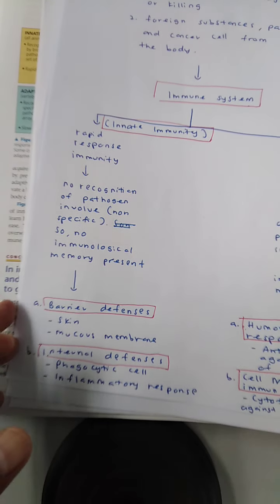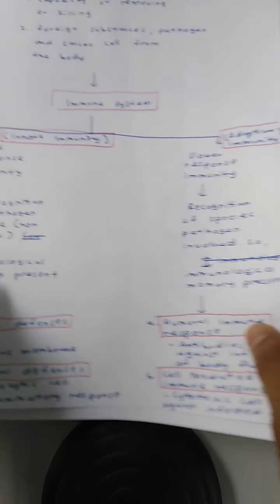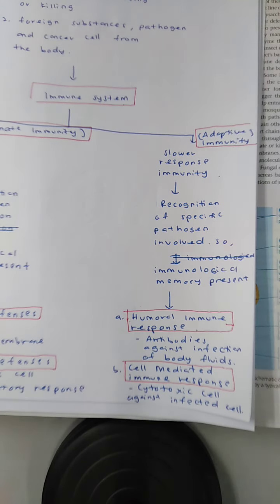Baik pelajar, selepas kamu faham tentang innate immunity, kamu perlu faham juga tentang adaptive immunity. Immune response dibahagikan kepada dua. The first one innate immunity, the second one adaptive immunity. Adaptive immunity is a kind of immune response that responds slower towards the infection of the antigen.